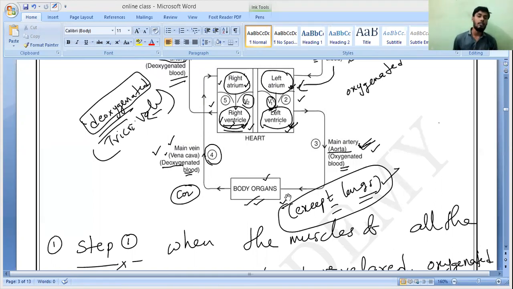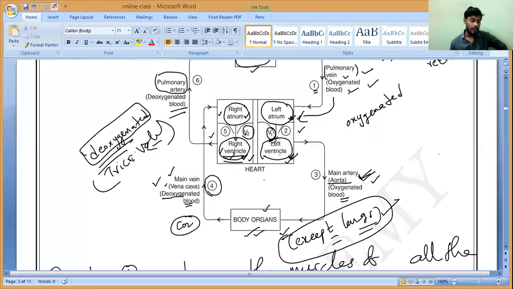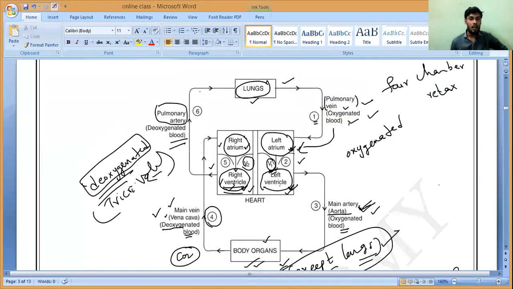Only one artery. The pulmonary artery. Pulmonary artery. That's all. Is it yes or no? Pulmonary artery.